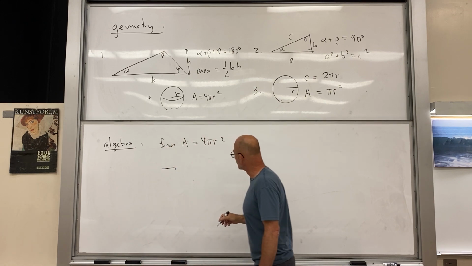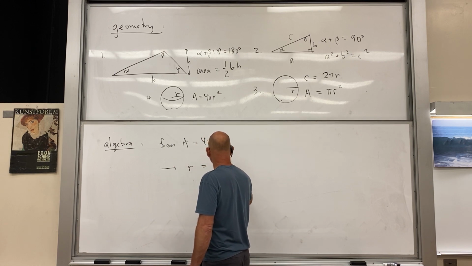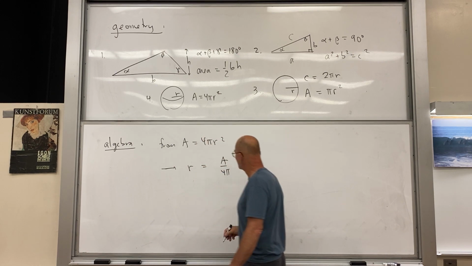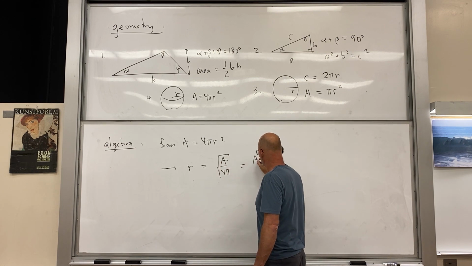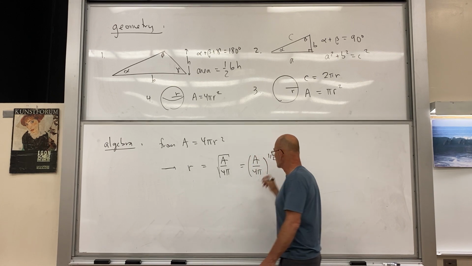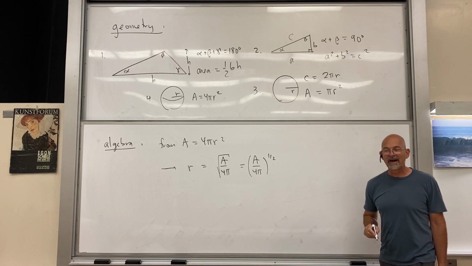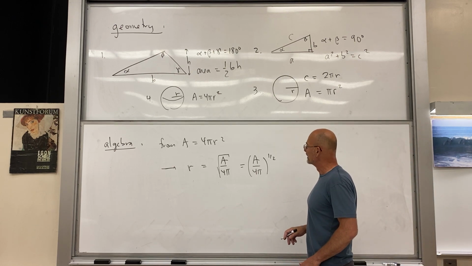Suppose we're solving for the radius. Radius, we'd have area over 4 pi, and then we take the square root, and we often write the square root as the 1/2 power. You're familiar with that. So yeah, algebraic manipulations.